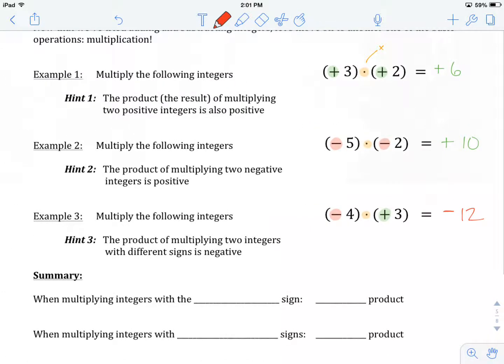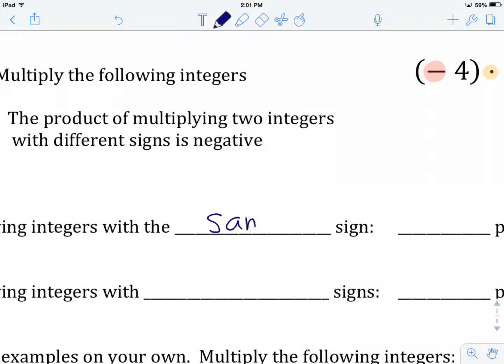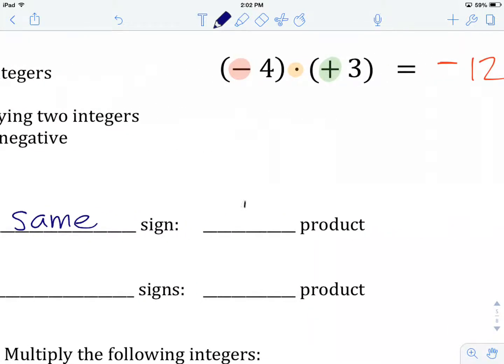So let's quickly summarize what we've just talked about via the hints in examples 1 through 3 when we're multiplying integers with positive and negative signs. Let's see how it works out. When we're multiplying integers with the same sign, that would be either two positive integers or two negative integers, you will have a positive product.